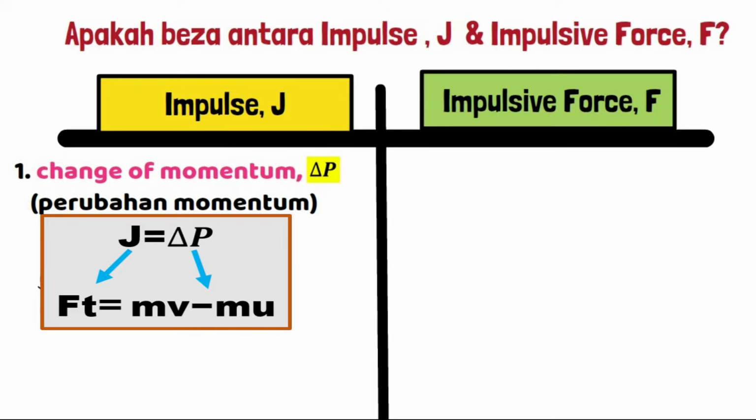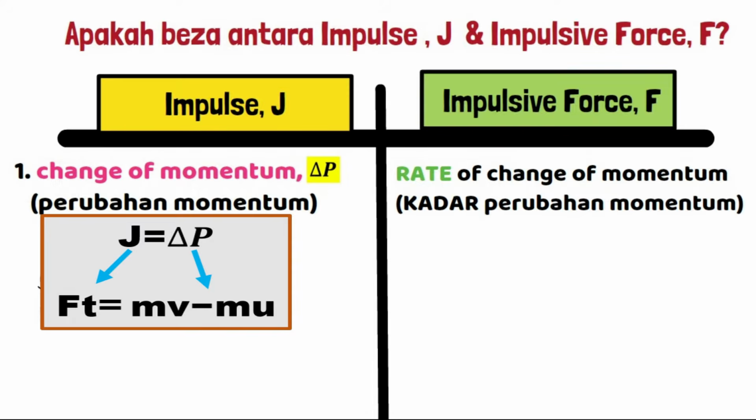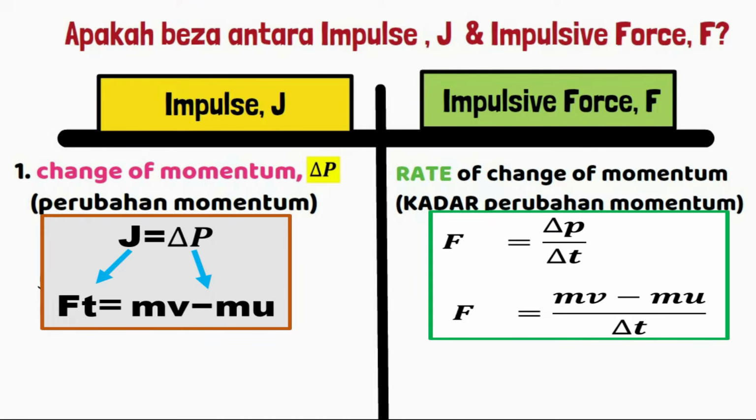Manakala impulsive force adalah rate of change of momentum, kadar perubahan momentum. F is equal to delta P over delta T. Impulsive force is the rate of change of momentum. So, kita boleh tulis juga sebagai F equal to mv minus mu over delta T.